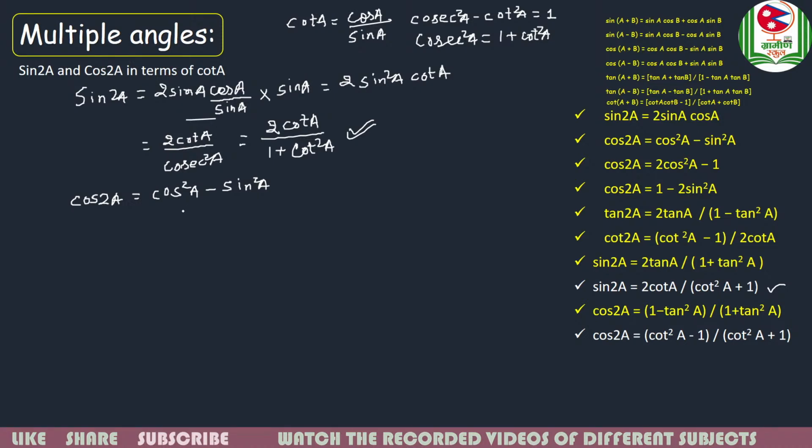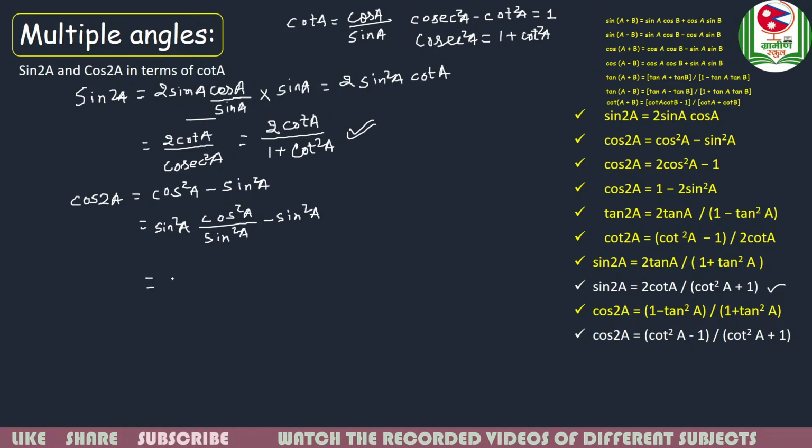We will divide the cos square A by sin square A and make it cot square A. And to balance, we must also multiply, so we will multiply here sin square, and this is balanced, and then minus sin square.